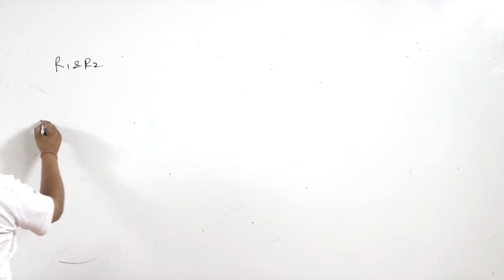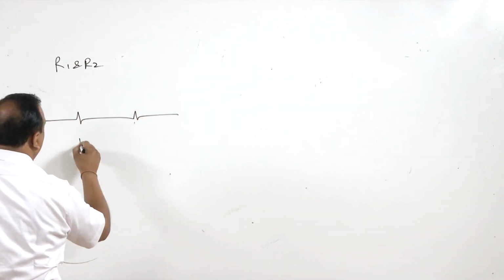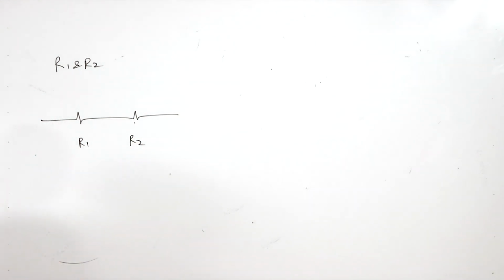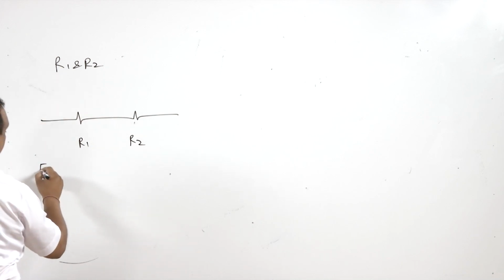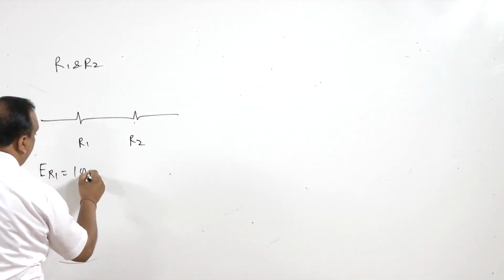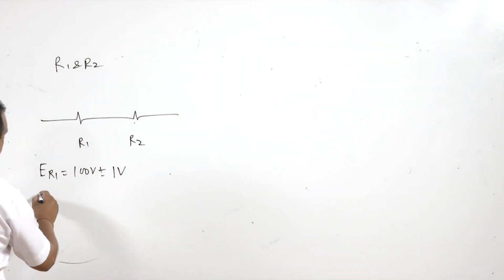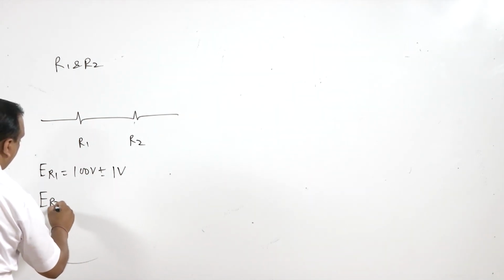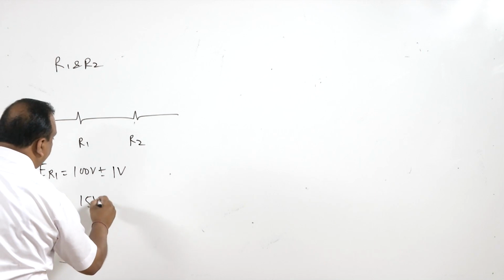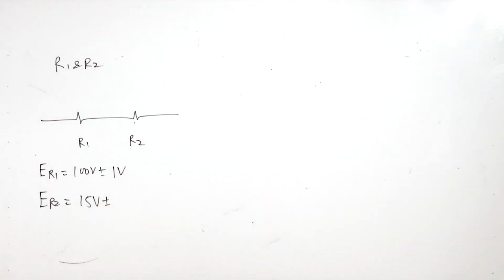It means this is R1 and this is R2, right? And voltage drop across each resistor is measured. Voltage drop across the R1, so E R1 is 100 volts plus minus 1 volt. And voltage across R2 is 15 volts plus minus 0.05 volts.